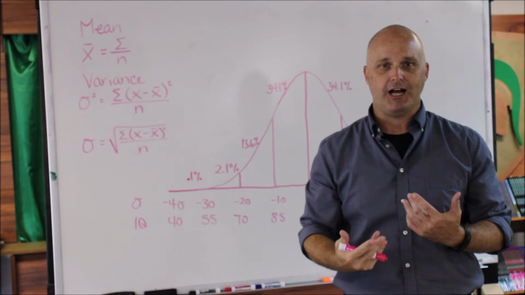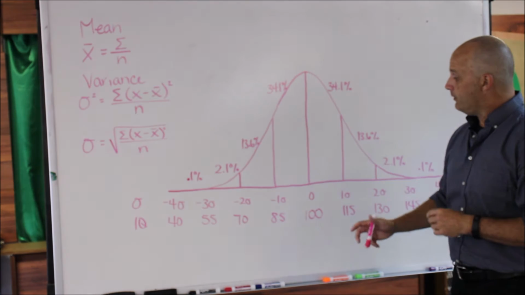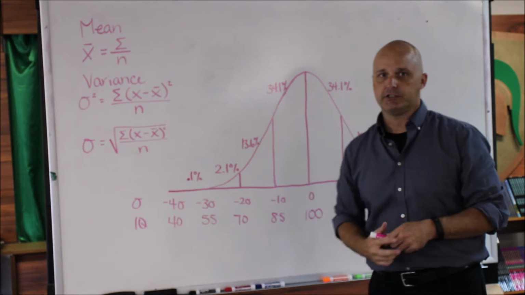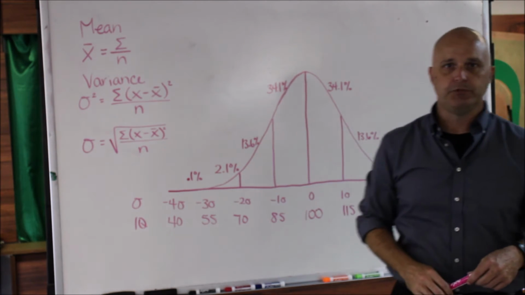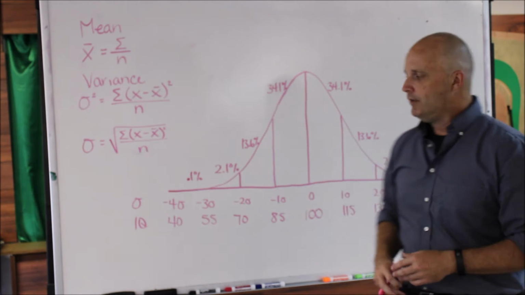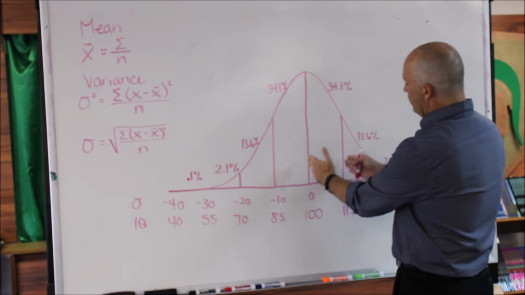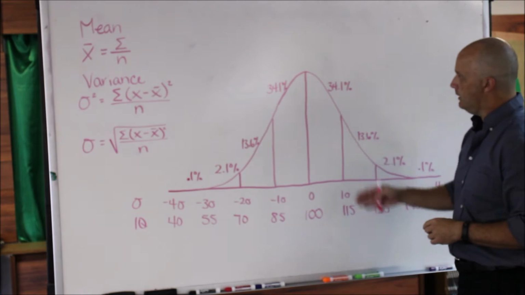The average IQ is said to be 100. And so you can go one standard deviation to the right or one standard deviation to the left, and that would put you somewhere in about 68.2% of the population. So if you're here, you're within one standard deviation of the mean or of the median.